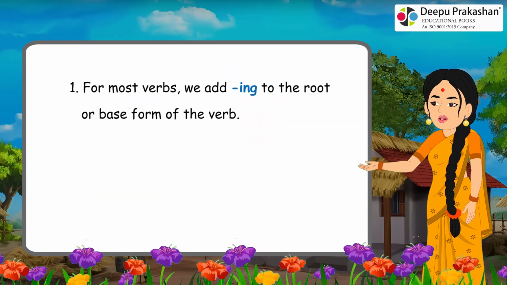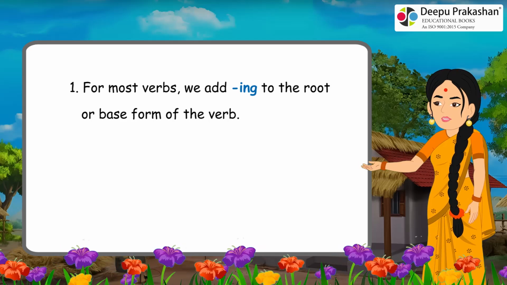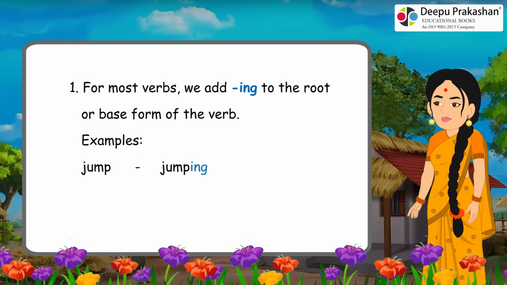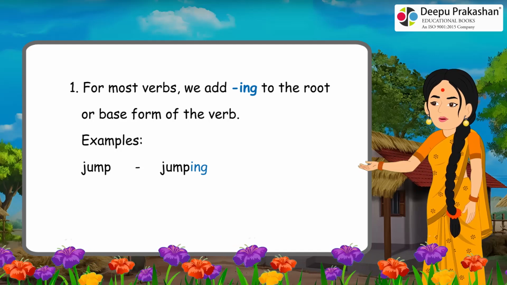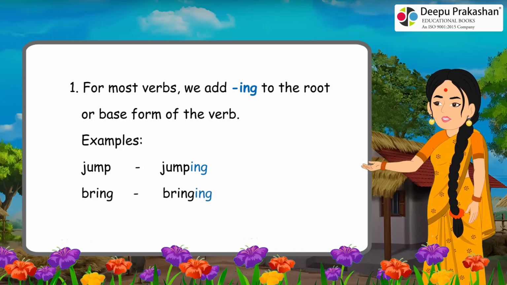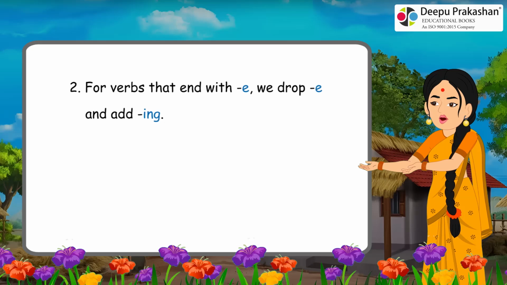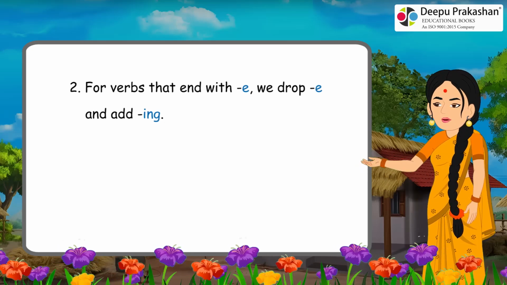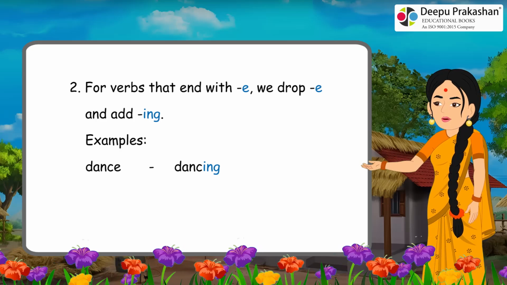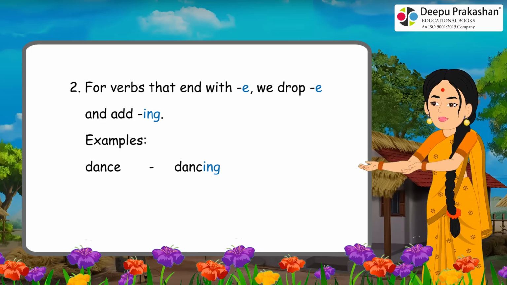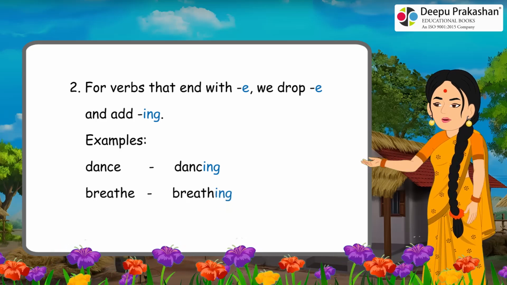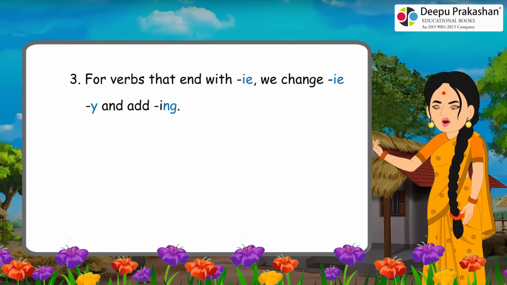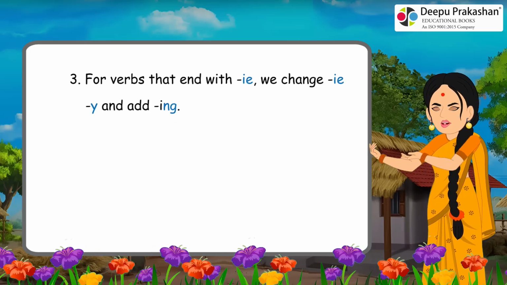1. For most verbs, we add ing to the root or base form of the verb. Examples. Jump, jumping. Bring, bringing. 2. For verbs that end with e, we drop e and add ing. Examples. Dance, dancing. Breathe, breathing. 3. For verbs that end with ie, we change ie to y and add ing.